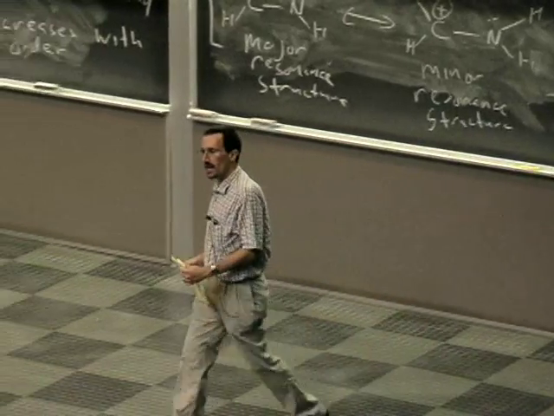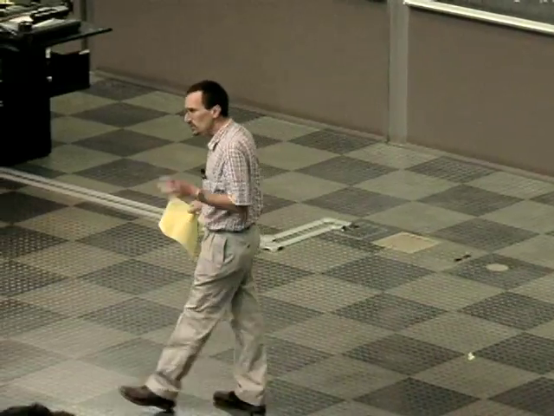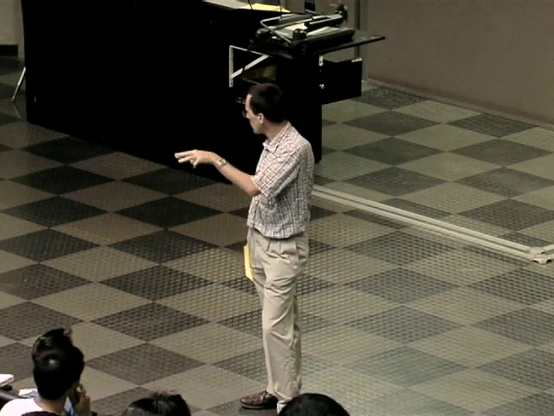The reason that I don't forget about the minor resonance structure is that as we go on to talk about reactivity, you will see that often the minor resonance structures help you think about where molecules with electrons, called nucleophiles, come and form bonds.